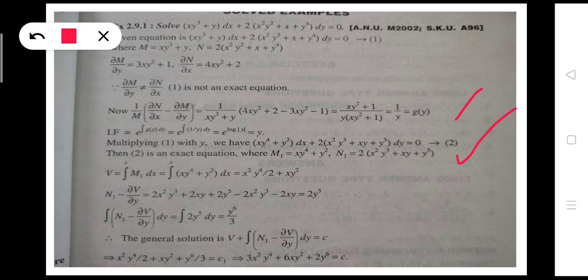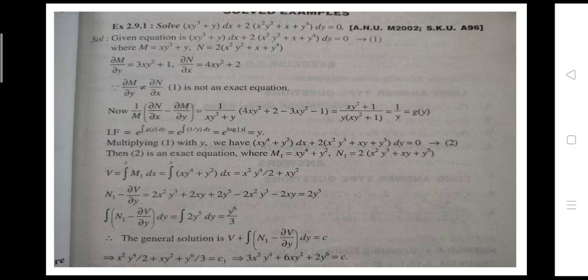So here ∂M1/∂y is equal to ∂N1/∂x. Equal means it is exact, and if it is exact, we need to find the general solution of the differential equation.